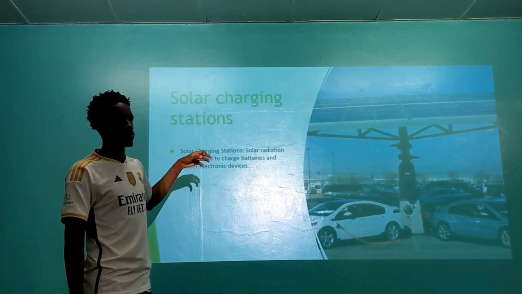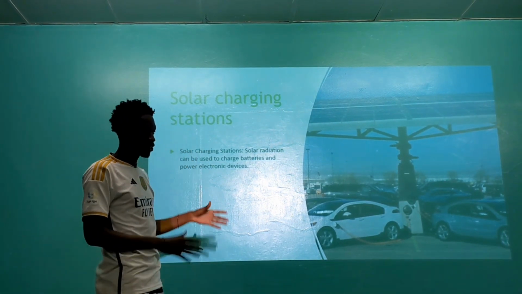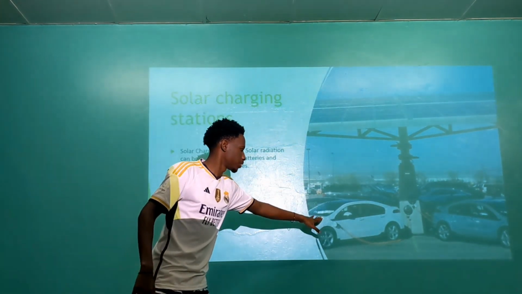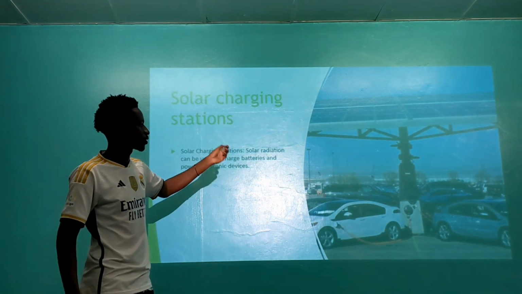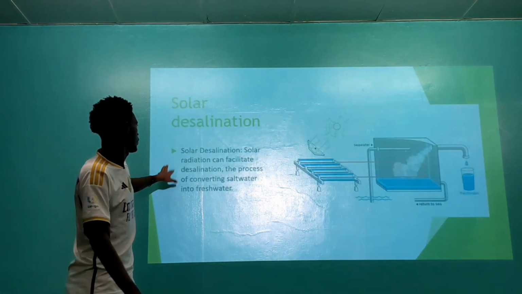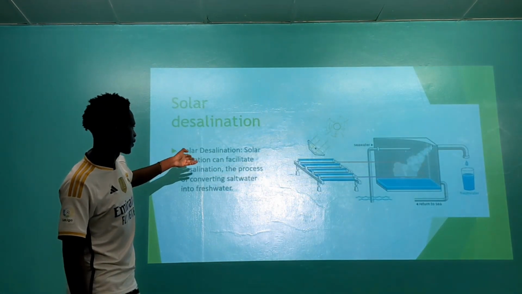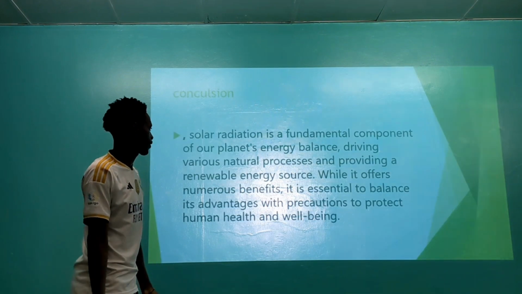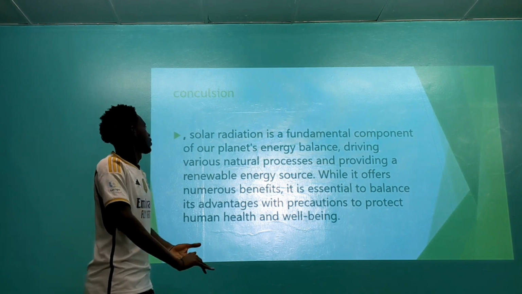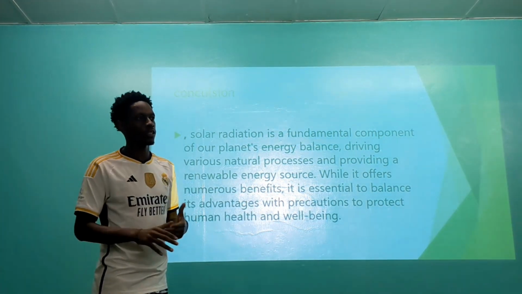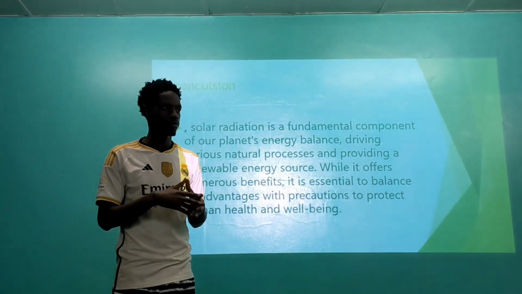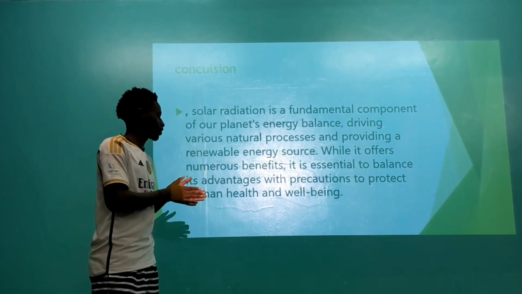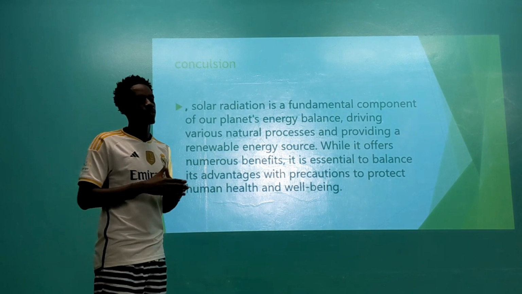These are stations used for charging vehicles, not by using petrol, but by using the radiation from the sun. Solar desalination is also among the applications. Solar lighting is also among the applications. So as a conclusion, we have seen the meaning of solar radiation and many more. I think that the group we have represented, this was all about the summary.